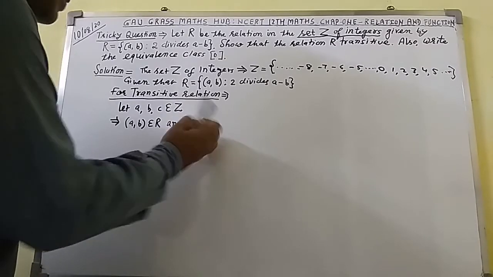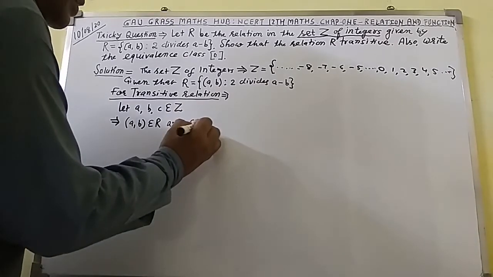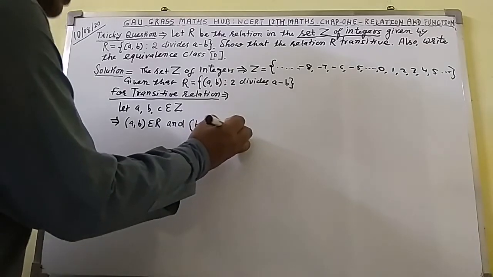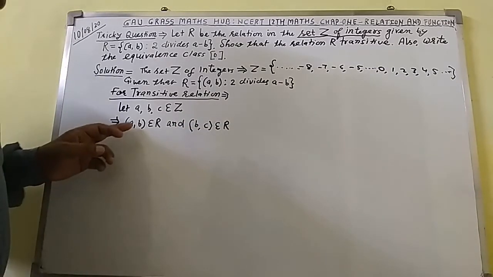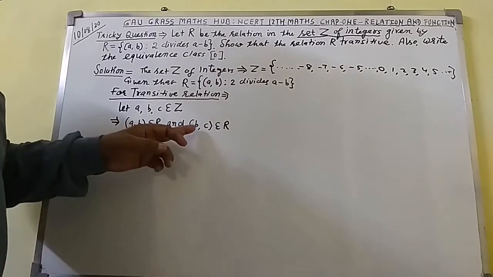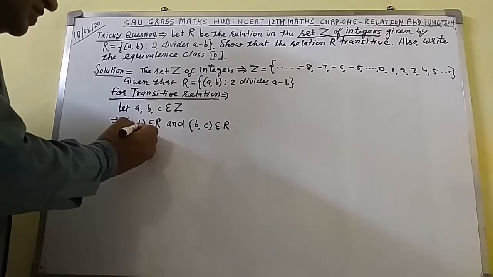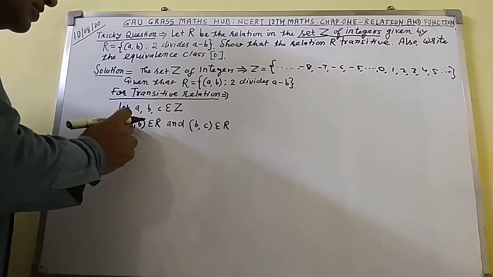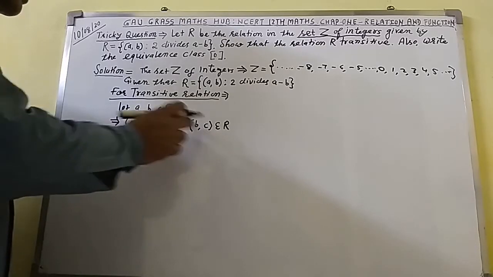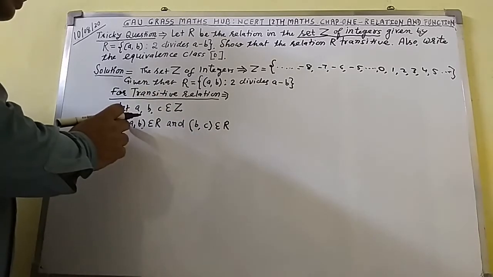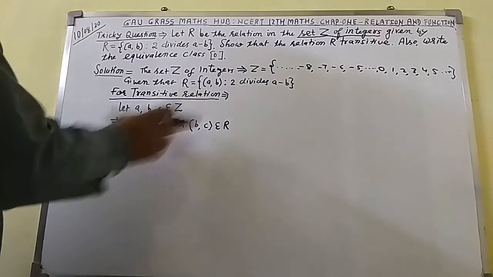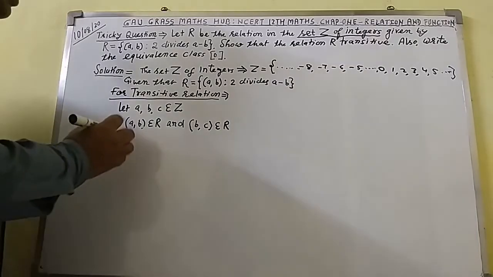So the ordered pair (b, c) belongs to capital R. So here you can see in (a, b) the second letter is b, and here the first letter is b. So this b is common in both. The first letter a and the last c will be related. Let us see how it can be written.